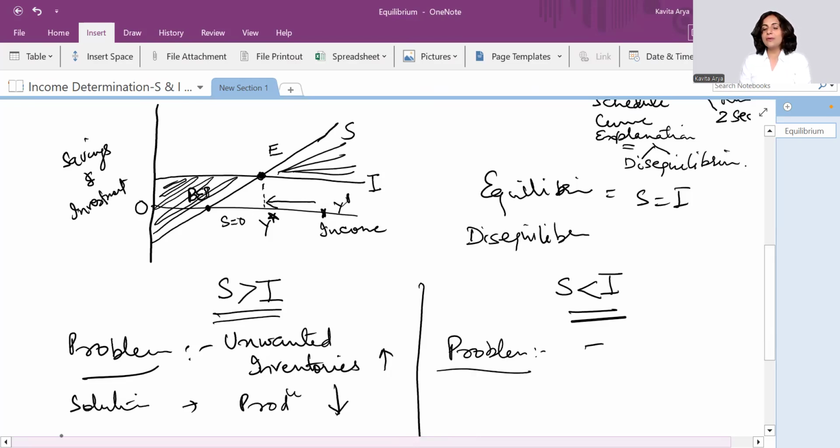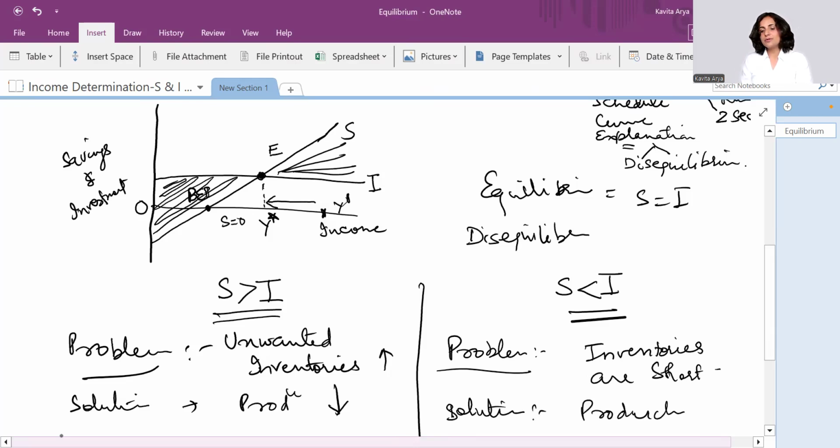It means the inventories are short and they are falling short of expected inventories. So what is the solution? Because inventories are less, people are going for more and more expenditure. So the solution is we should produce more. So production should be given a boost, and this is the solution.